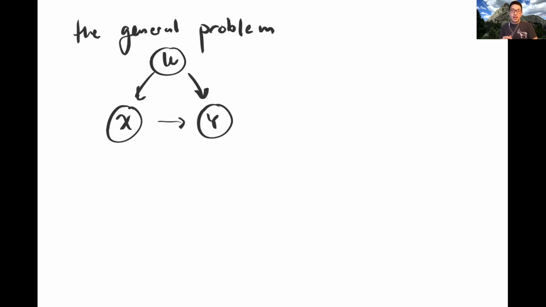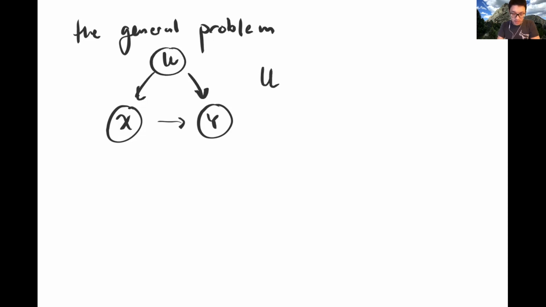So if I want to think about the causal relationship between my x and my y, and I just have data on my x and my y, you are always worried about having this confounding variable.